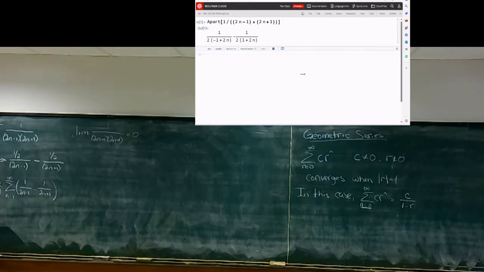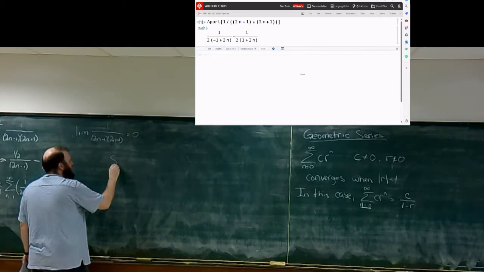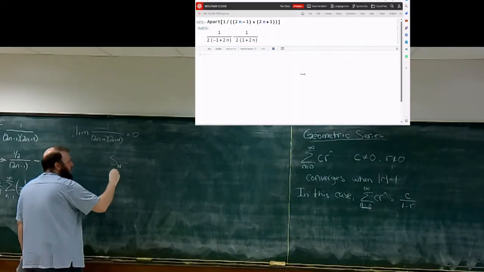So here's our new sum. I say new, same sum, different form. What is the nth partial sum?